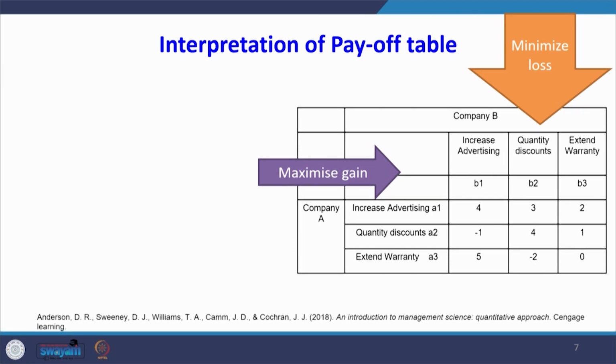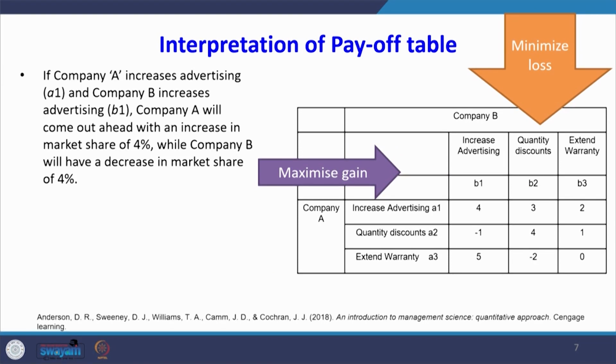The interpretation of the payoff table is this: if company A goes for the A1 strategy, increasing advertising, and company B increases advertising, say B1, company A will come out ahead with an increase in market share of 4%, while company B will have a decrease in market share of 4%. So, this is maximizing the gain.